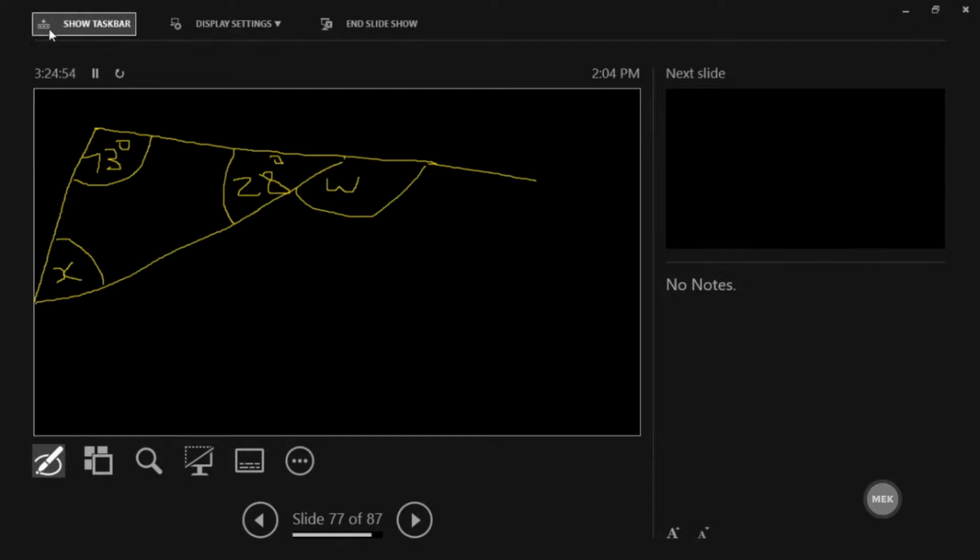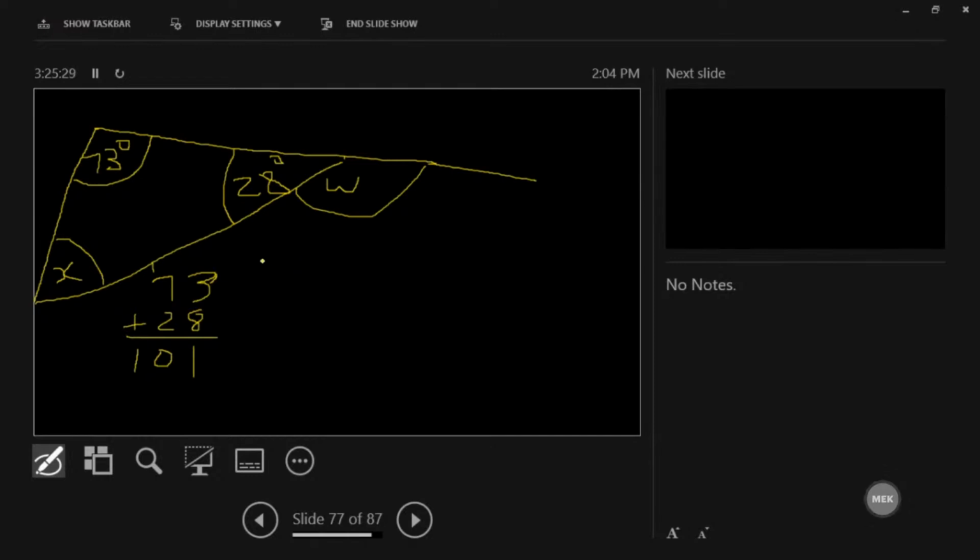So Zion is saying we're focusing on the triangle now. We'll come to this later. If we focus on the triangle, we know two of the angles, so the other one must be 180 minus the two that we know. 73 plus 28, right?